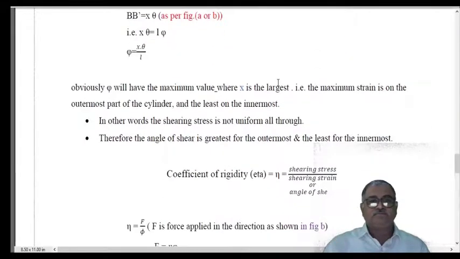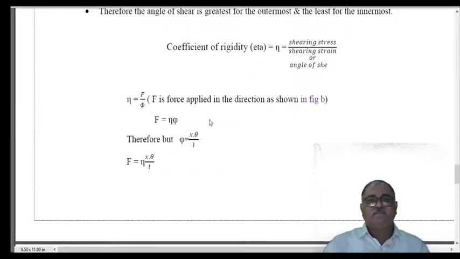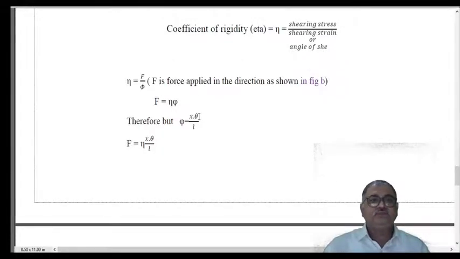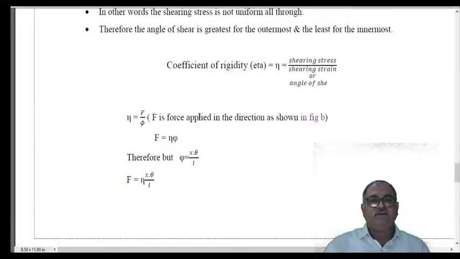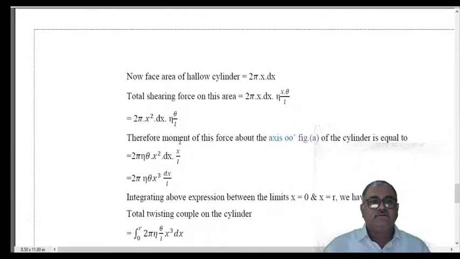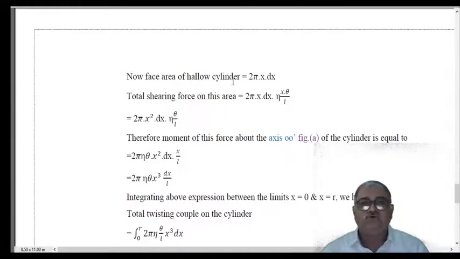In this way, F equals eta into phi, and phi equals x into theta upon L. Because F having a value x into theta, by putting it again here, F equals eta into x into theta upon L. Here now the face area of the hollow cylinder.